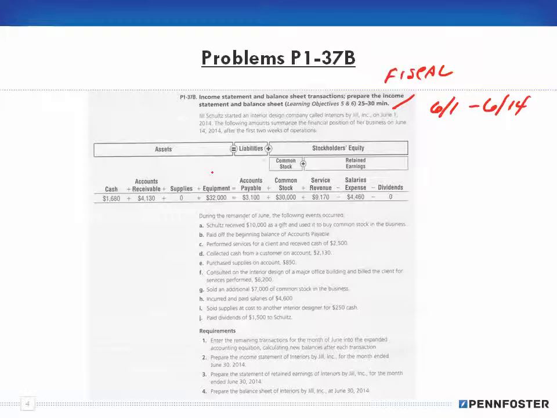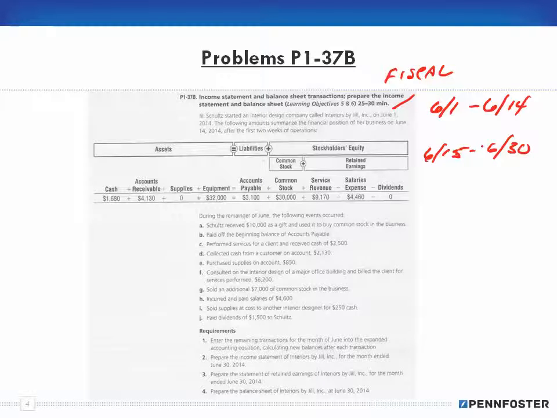Okay, so what's being represented here obviously is the accounting equation and the ledger accounts that make up those particular categories of accounts, and obviously here's the balance in the accounts. Right? So during the remainder of June, the following events occurred. So from June 15th to June 30th.